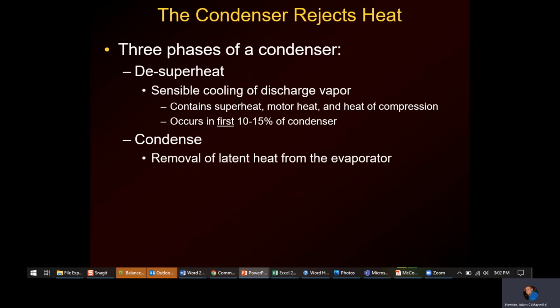They're saying first 10 to 15% of the condenser. Yeah, that's probably about right. It's really not something that we're measuring per se, but you could measure it. You could calculate what it is if you have a way of measuring discharge pressure, which a lot of times we don't. But in commercial units, you can measure discharge, and then you can do superheat of the discharge line, just like you would superheat of the suction line.